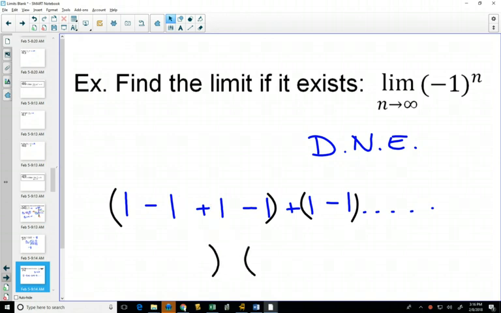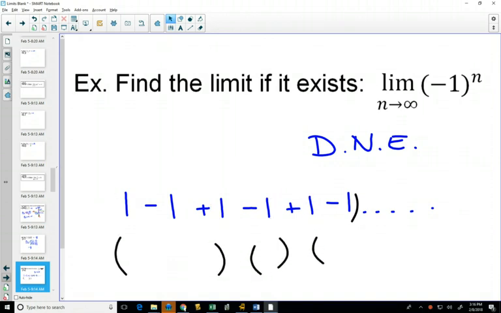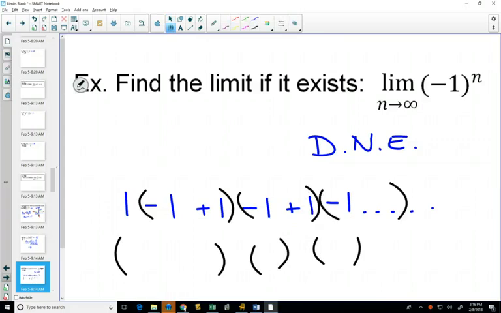Let's take these away instead. I'll add those ones, then those ones, then those ones. Then this is 0, 0, 0, plus I have 1. So you're going to give me $1. Again, it does not exist because we have different ways of thinking about it, and it alternates between 0 and 1, 0 and 1, 0 and 1. So it depends on where you end.